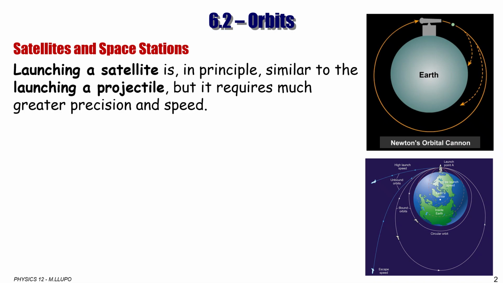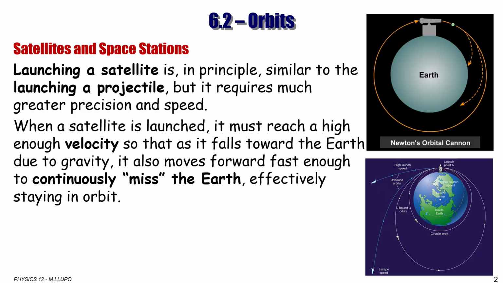You are already familiar with projectile motion and its range. Launching a satellite is in principle similar to launching a projectile, but it requires much greater precision and speed. When a satellite is launched, it must reach a high enough velocity so that as it falls toward Earth due to gravity, it also moves forward fast enough to continuously miss the Earth, effectively staying in orbit.